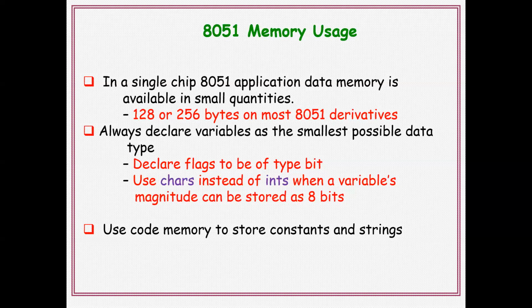Use chars instead of ints when a variable's magnitude can be stored in 8 bits, because the 8051 supports 8-bit architecture and most operations are 8-bit only. Use code memory to store constants and strings because access of code memory is faster than data memory.